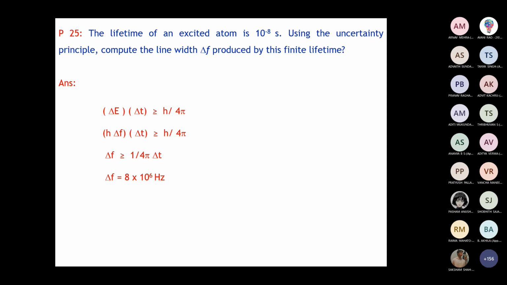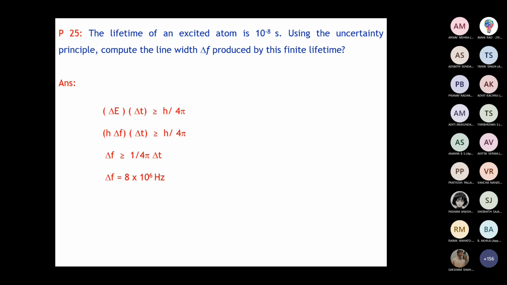In this problem, the lifetime of an excited atom is 10 to the power of -8 seconds. Using the uncertainty principle, you need to compute the line width delta f produced by this finite lifetime.